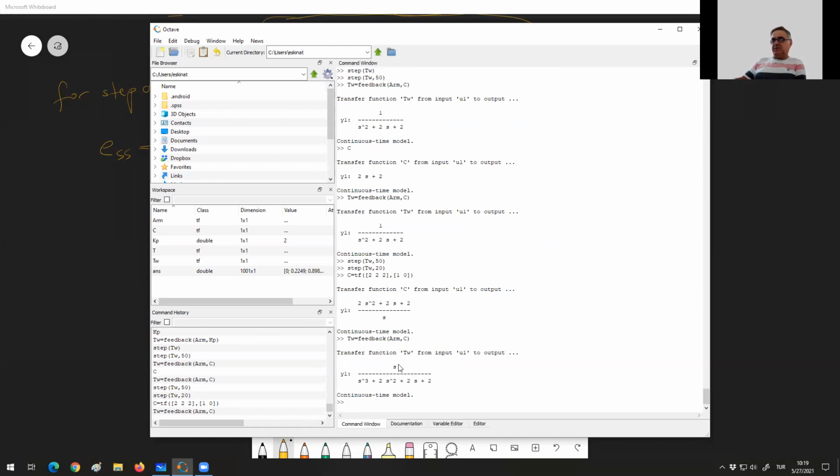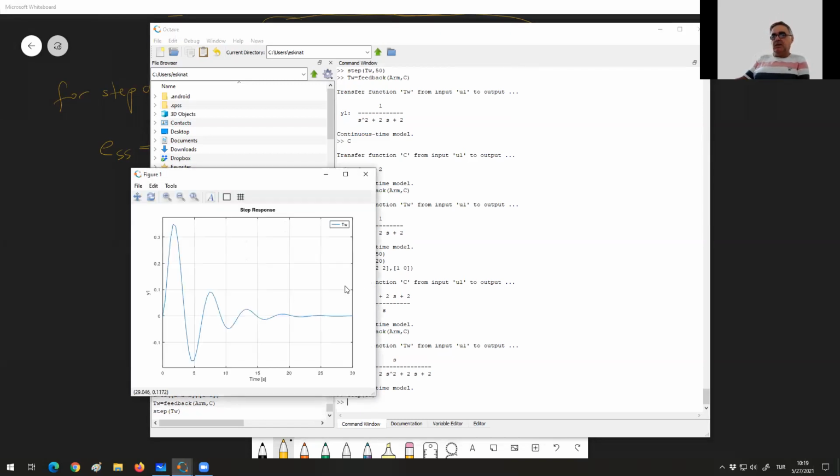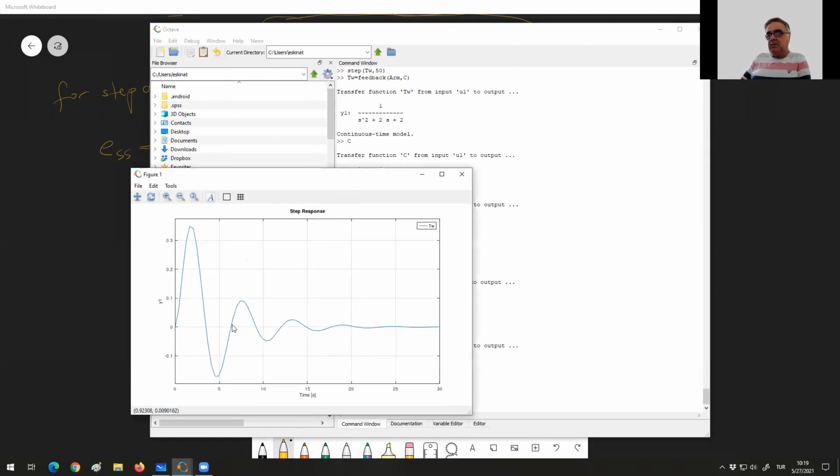That makes the big difference. Okay. Now you will look at the step response of TW, and you see that the step response indeed goes to 0, and the disturbance gets rejected. That's the important thing.